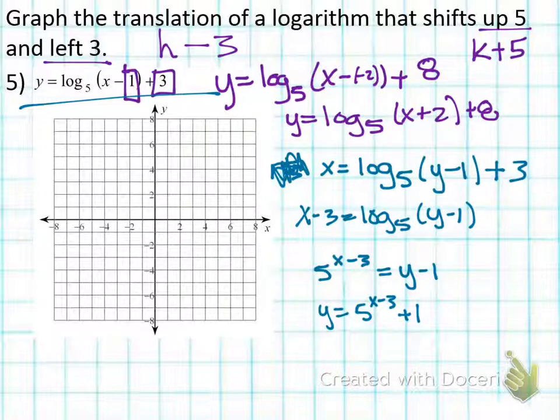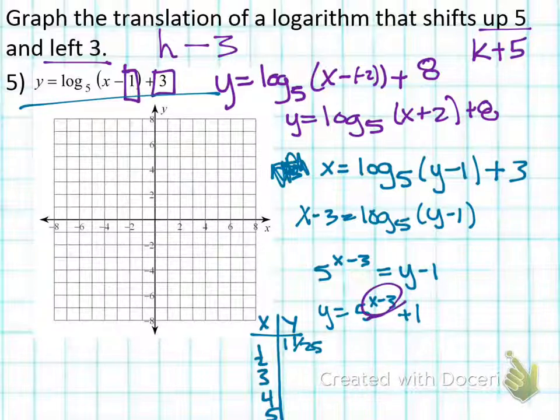Again, now remember we make a table for this exponential, so I have x and y. I'm going to center my table at 3 because that's when the exponent is 0. I'll go 2 units up and 2 units down, so my table will be from 1 to 5. Plugging in 1, I get 1 minus 3 is negative 2, 5 to the negative 2 power is 1 over 5 squared, or 1 over 25, so plus 1, I get 1 and 1/25.